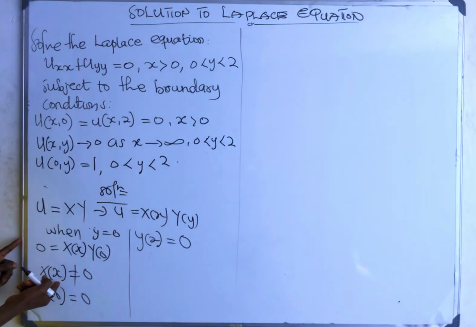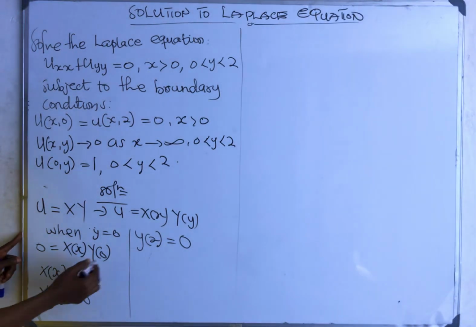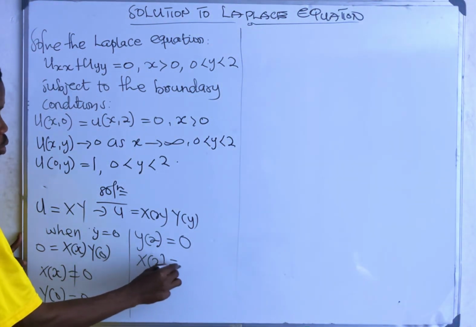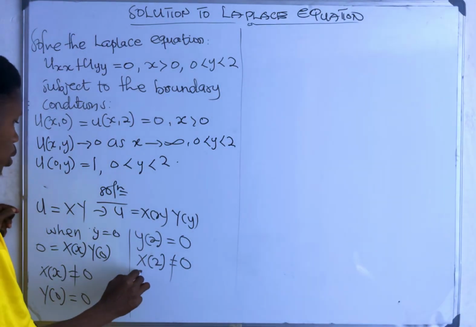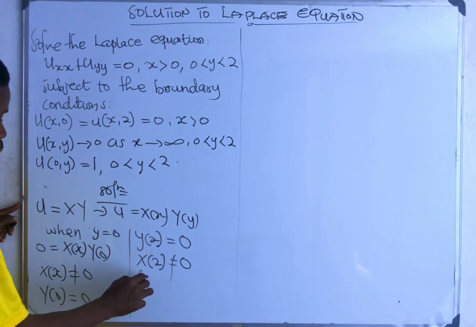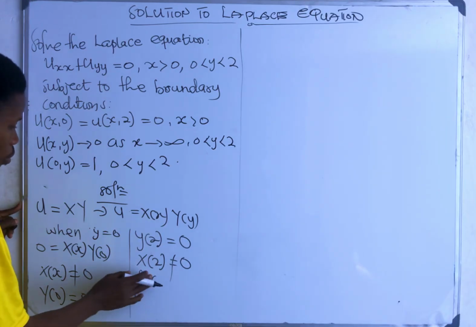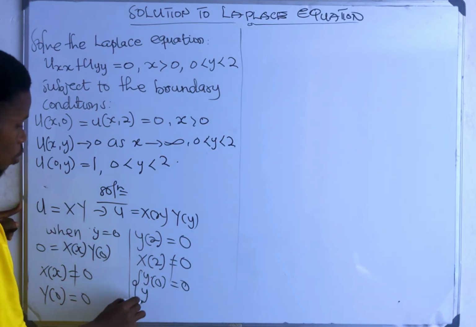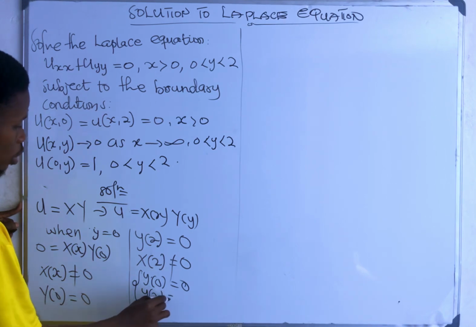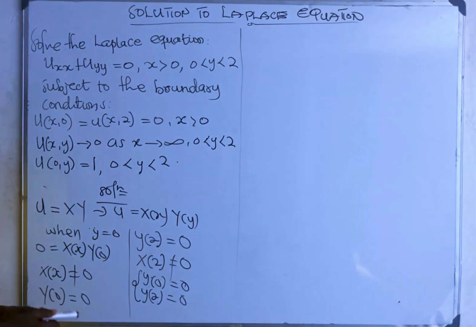So our boundary conditions are going to be set on Y: Y(0) equals 0, then Y(2) also equals 0. So these are the boundary conditions that we are going to use.